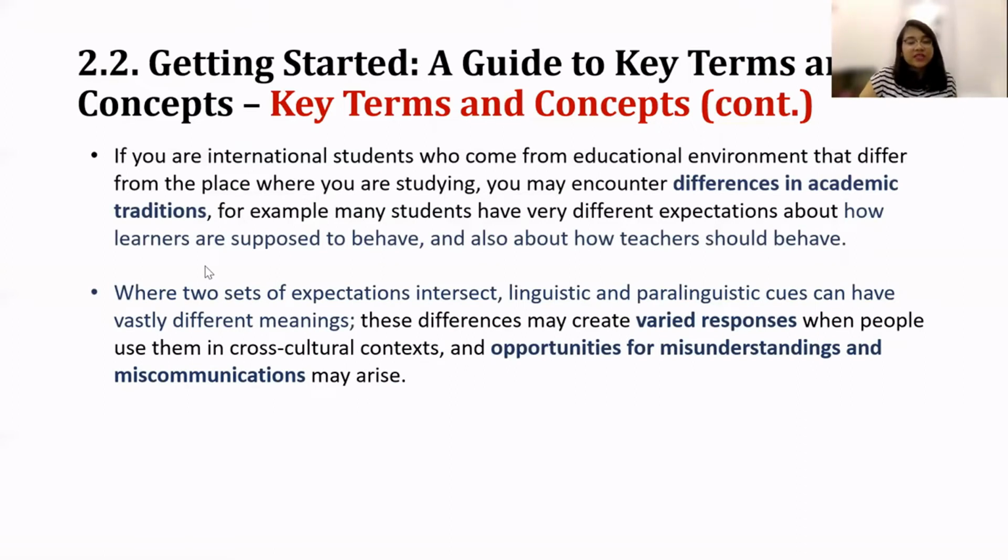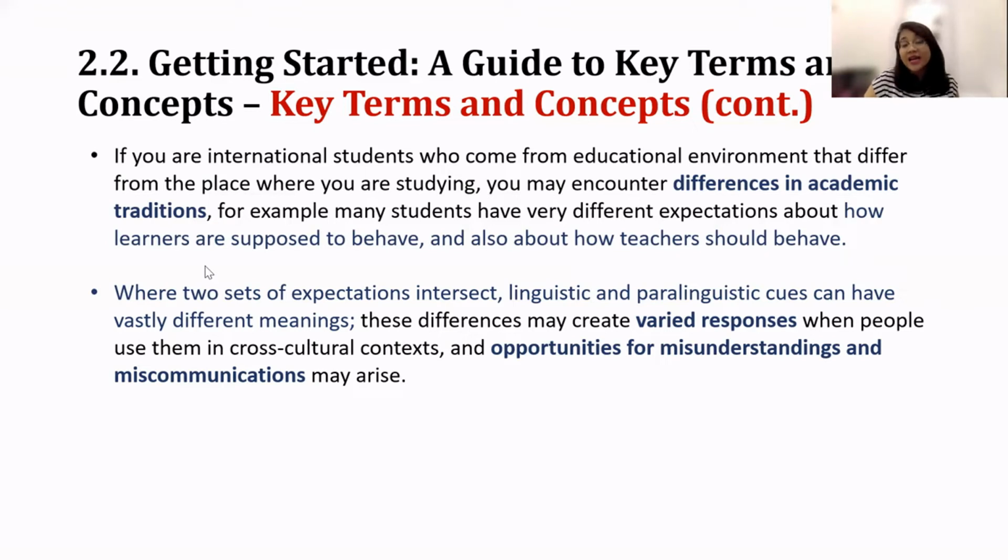Where two sets of expectations intersect, linguistic and paralinguistic cues can have vastly different meanings. These differences may create varied responses when people use them in cross-cultural contexts, and opportunities for misunderstandings and miscommunication may arise.